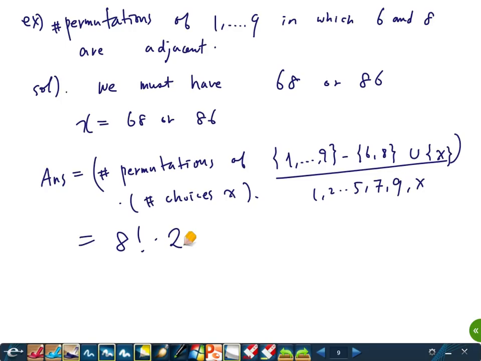Okay, and then we will consider the permutation of some elements. Above we used all of these elements, but sometimes we want to use just some of the elements, not all of them. So let me define R permutation.